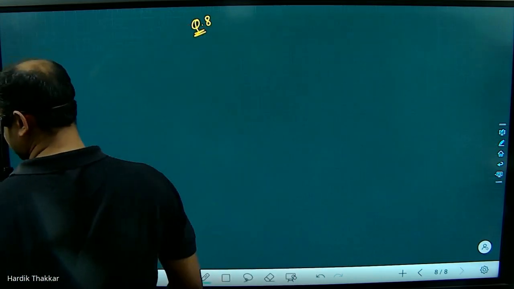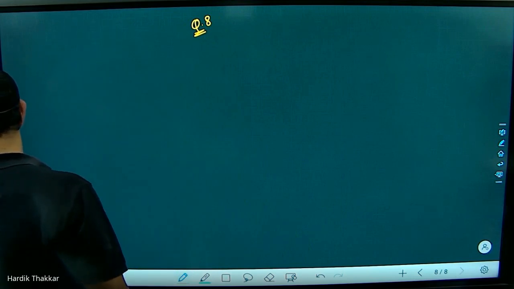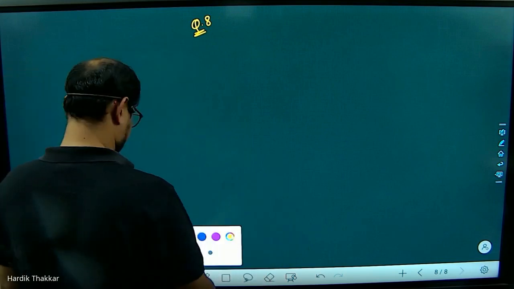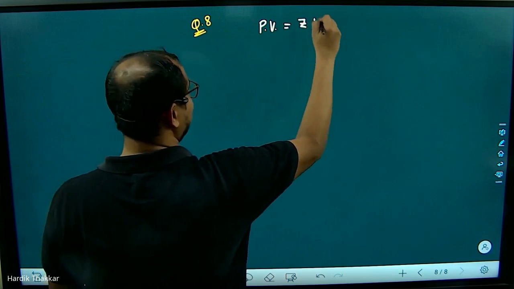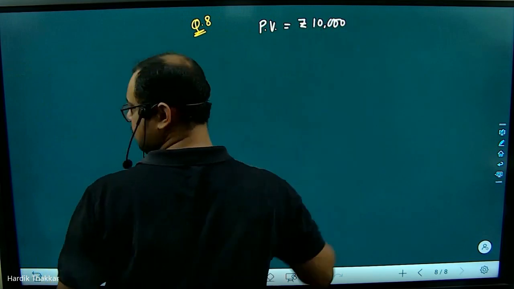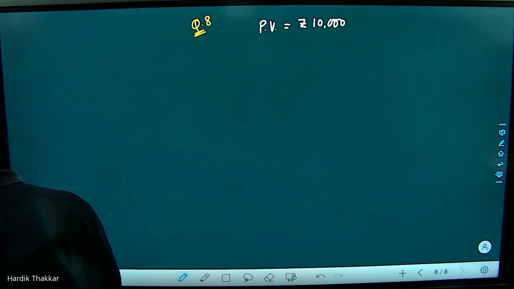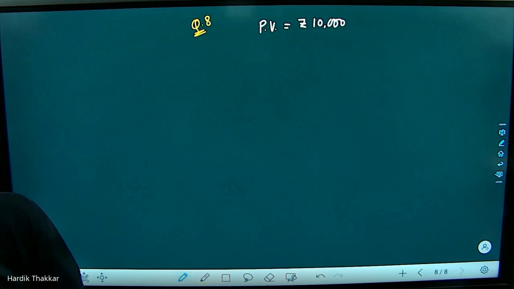Question number 8 padna, Anushri. Okay, so present value is rupees 10,000. Okay. And for the next financial year, it grew to 13,800.